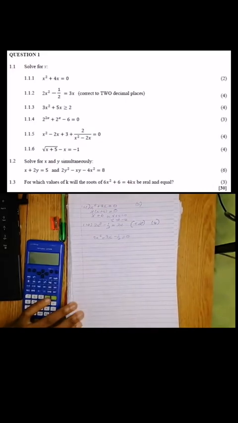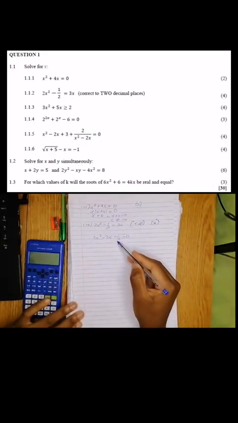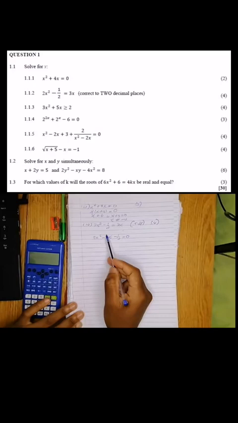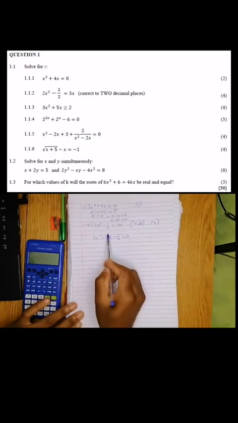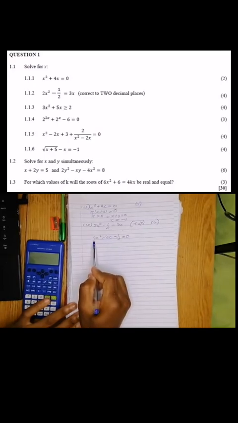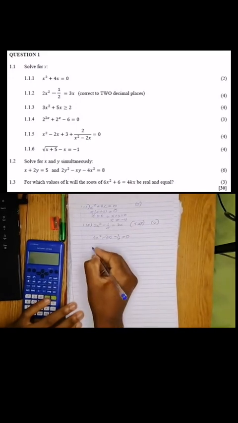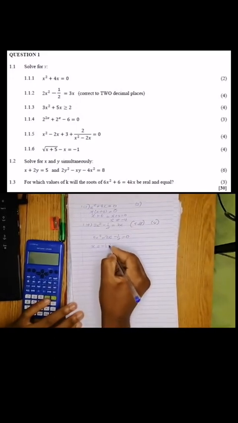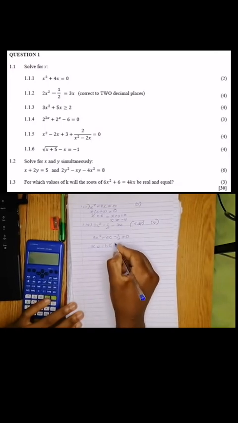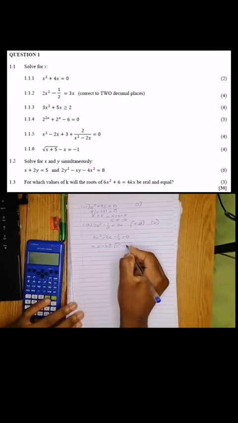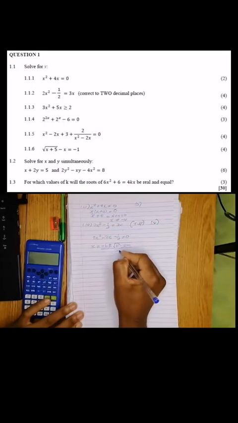And then now, since here we have a whole number, and here we have a coefficient, and here we have 2x squared, you can go directly to the quadratic formula and say x is equal to minus b plus or minus the square root of b squared minus 4ac, over 2a.